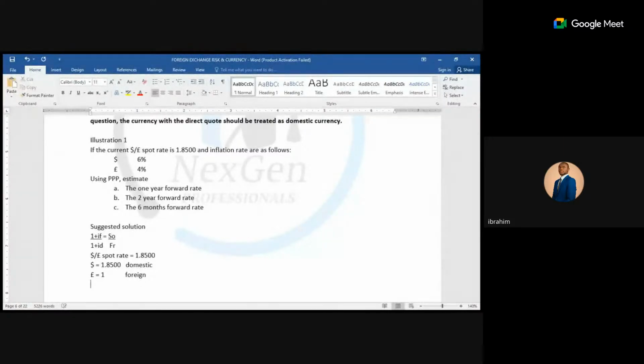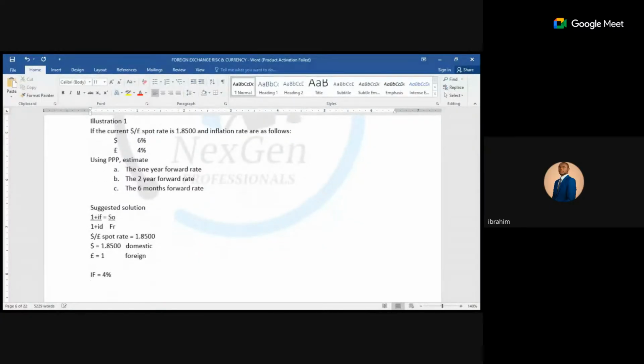Now, we cannot have ID or IF, which is inflation rate of the foreign, to be 4%. We can have ID, inflation rate, to be 6%.